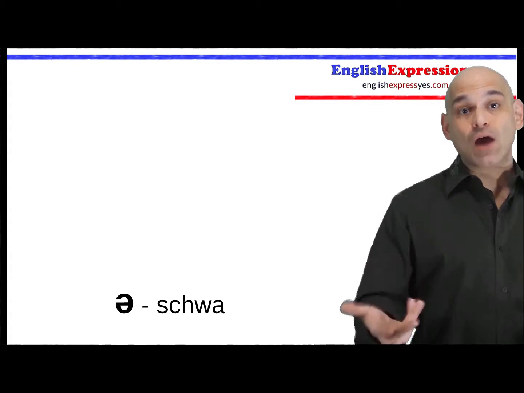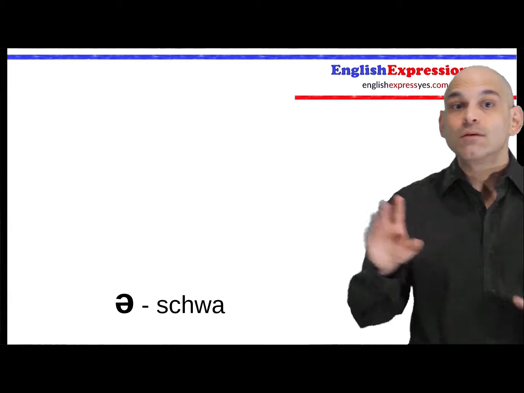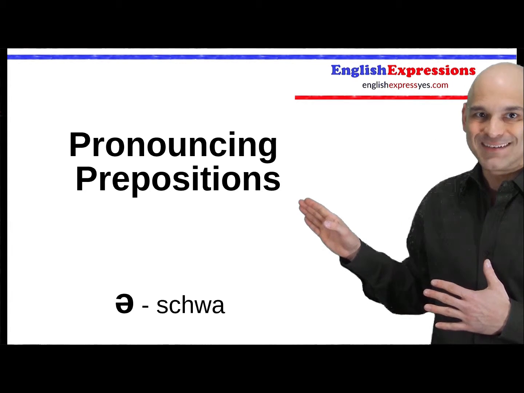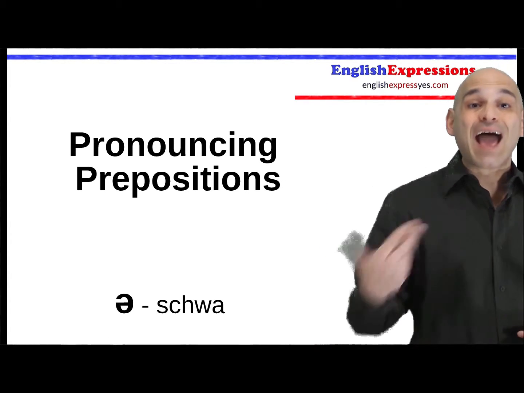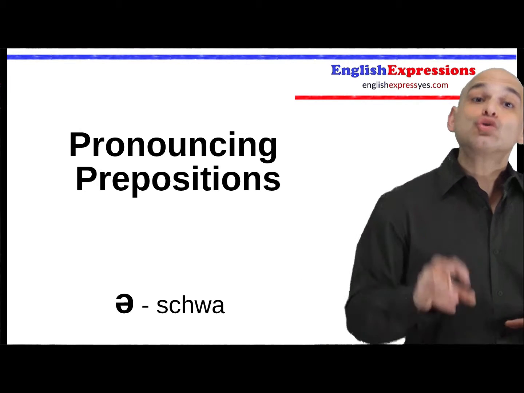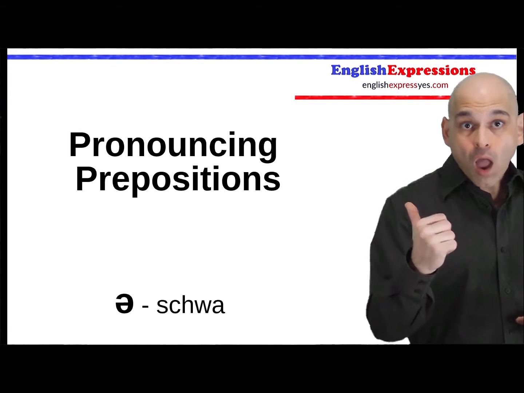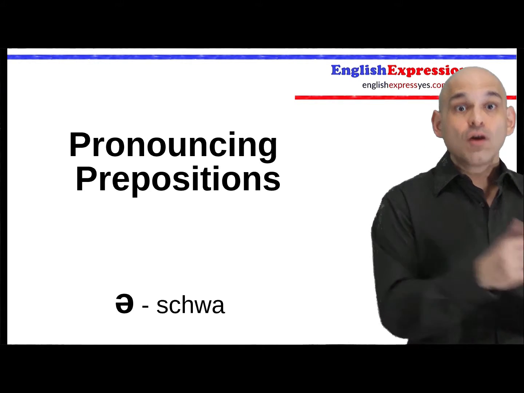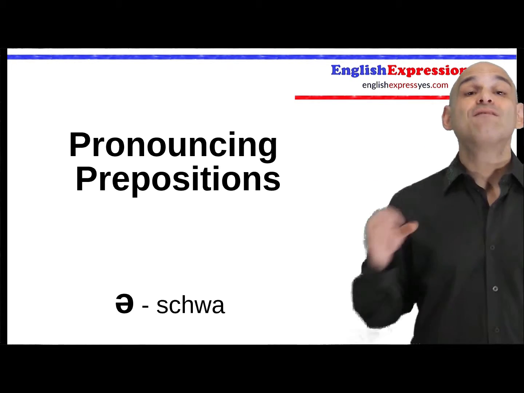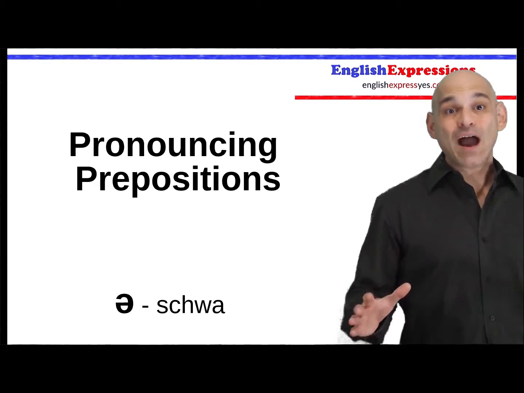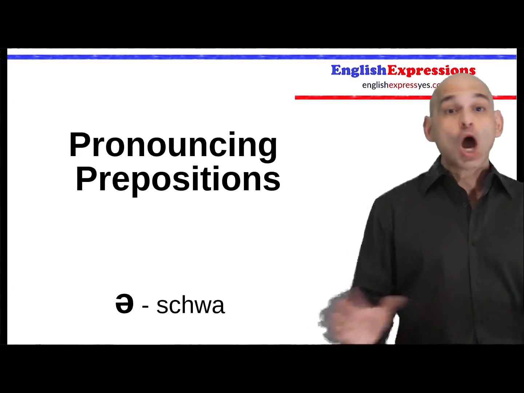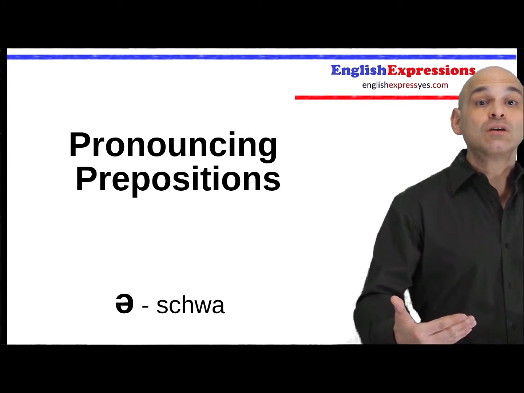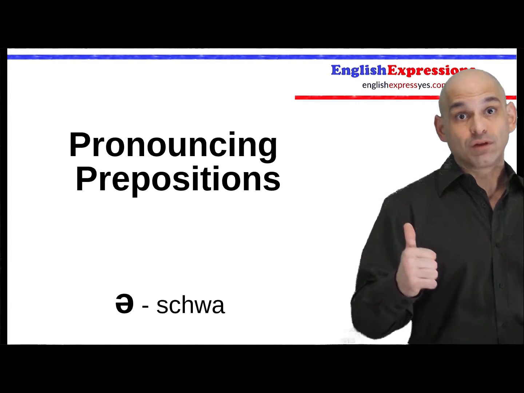Today, we're going to learn how native English speakers pronounce prepositions. In today's lesson, you're going to see how native English speakers use schwa instead of the normal vowel sound for many of the vowel sounds in function words. Now, it's important to remember that not all prepositions use schwa for their vowel sound.